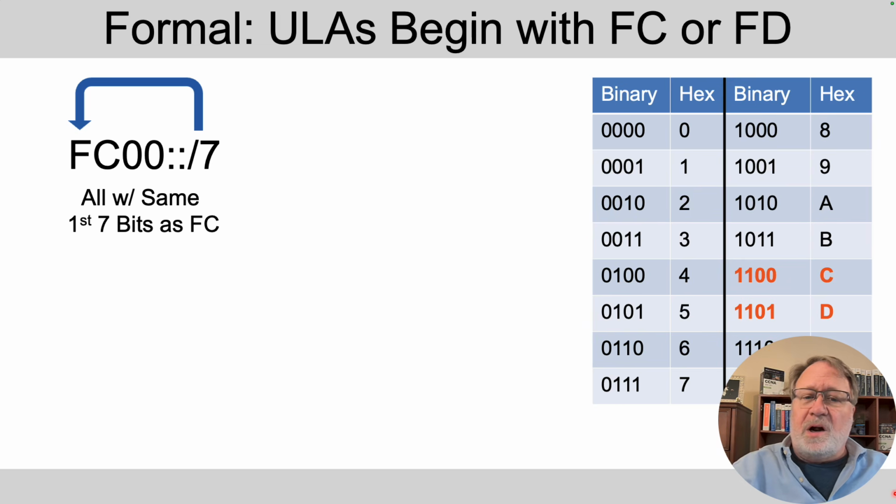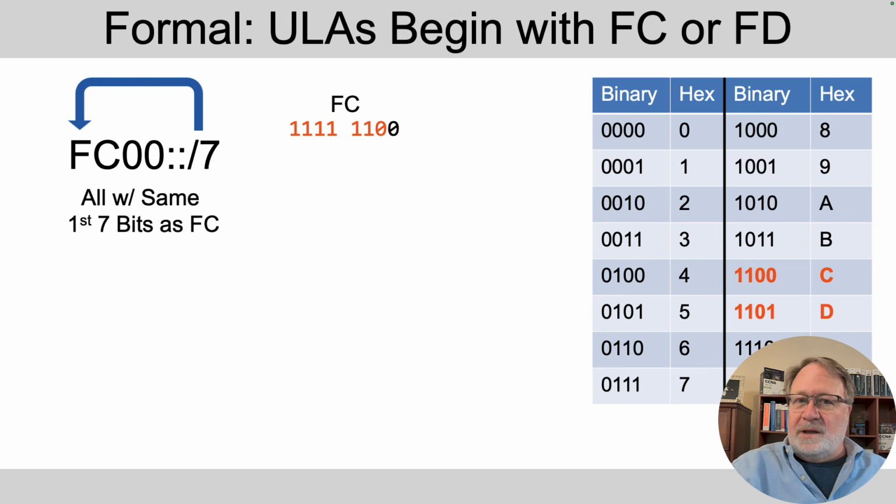So formally, per the RFC that defines this, all EULAs begin with this. So what does that mean? Well, this prefix length of /7 means all numbers whose first 7 bits are the same first 7 bits as FC00::, all right? And the ::, of course, represents a bunch of quartets of all zeros. So what is that in binary? What are these first 7 bits? Well, FC here, converted to binary, is 1111 1100, and you can figure that out by looking at F and C in this binary to hex conversion chart over here.